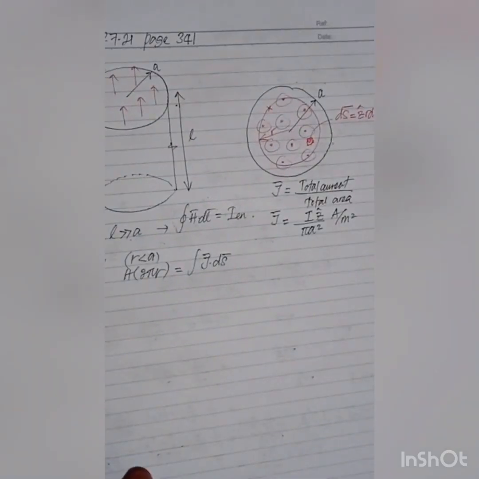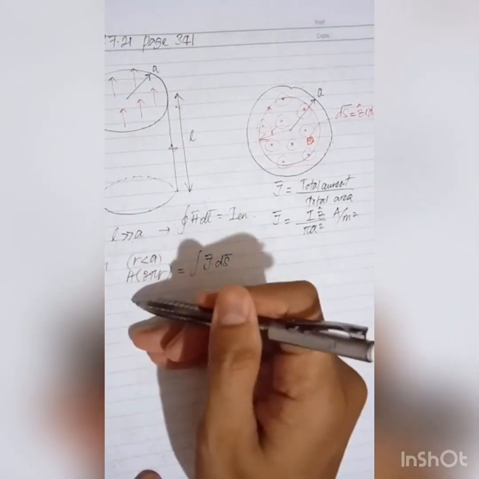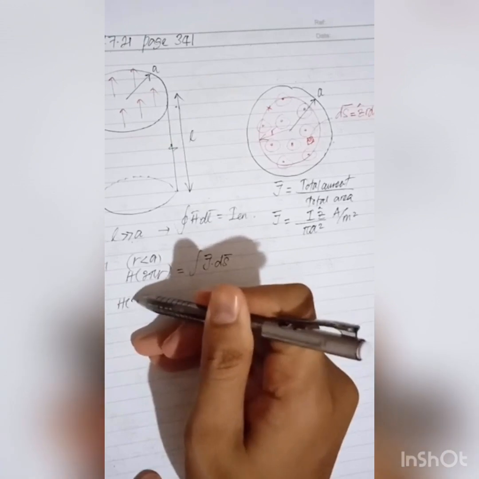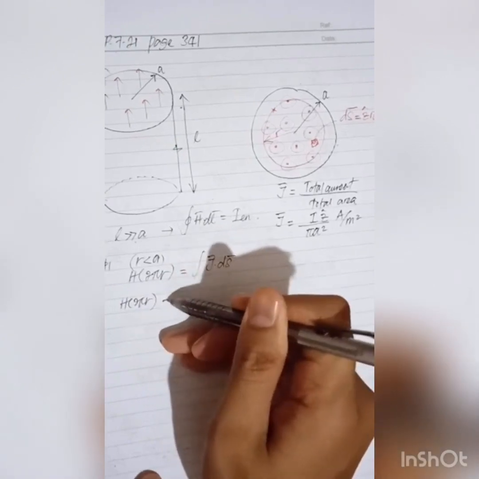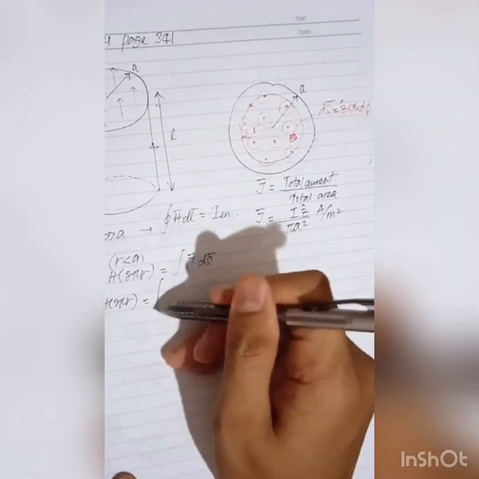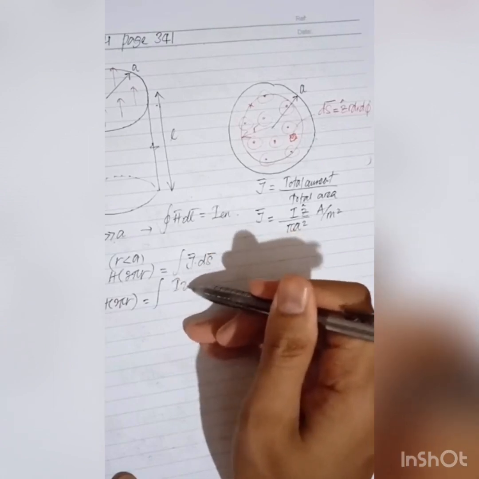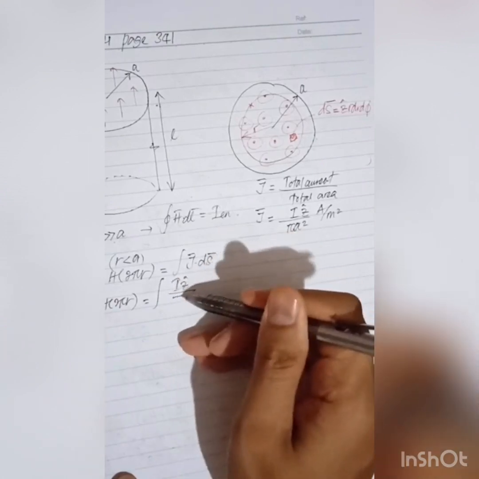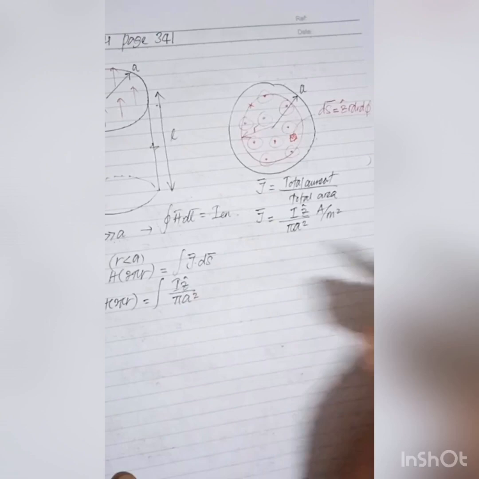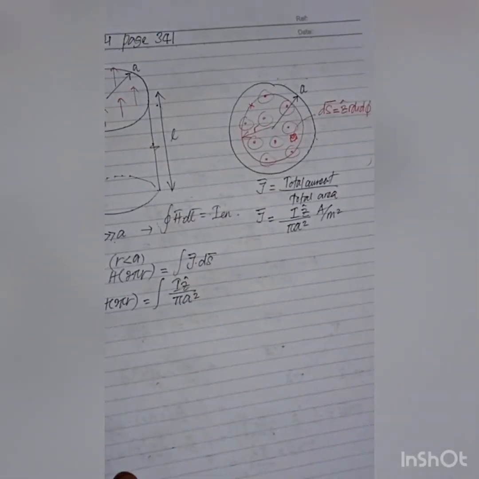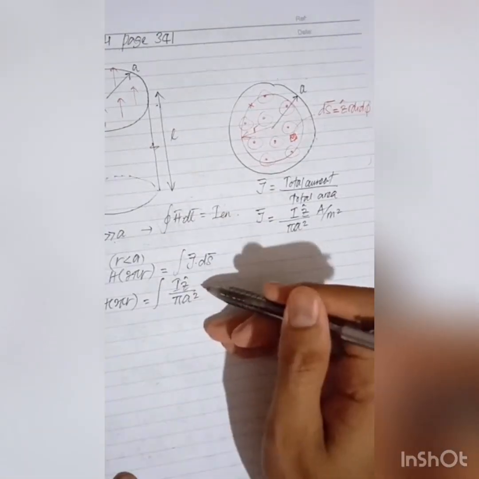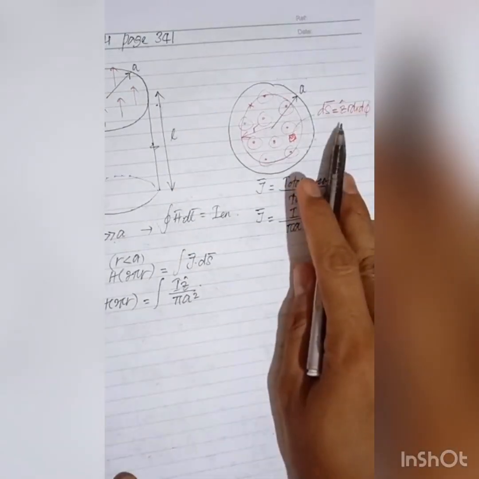So let's put in the substitutions over here. We have H times 2 pi r equals the integration of the current density J, which is I in the z direction over pi a squared, and then dotted with the ds as shown up here.